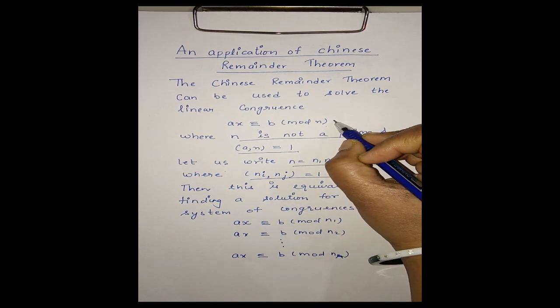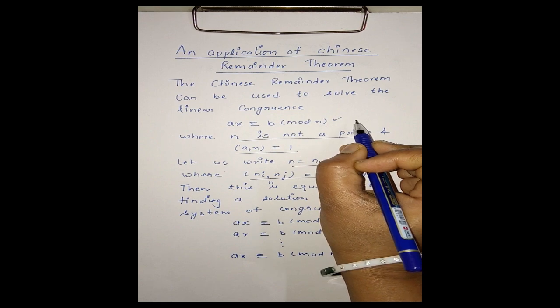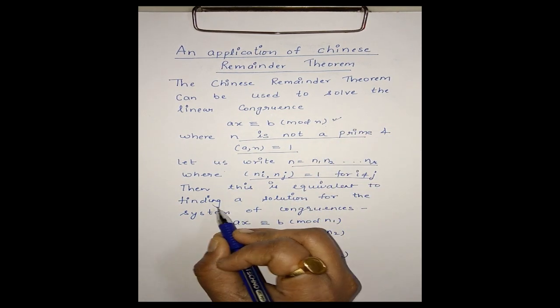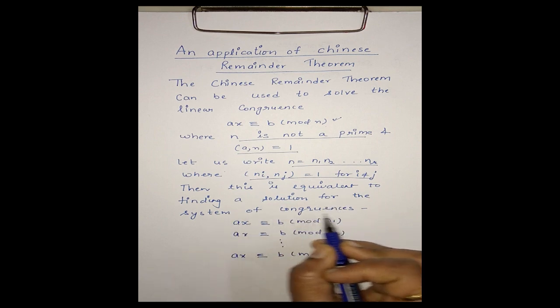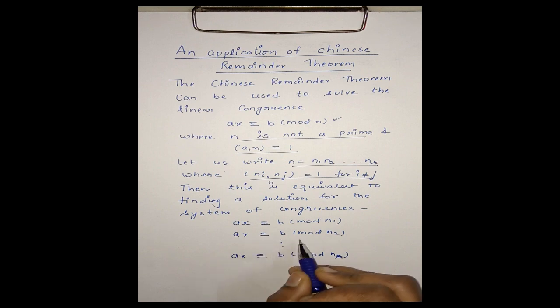Then in that case we are going to solve this linear congruence. We are going to discuss a method to solve this type of linear congruence. Then this linear congruence is equivalent to finding a solution for the system of congruences Ax is congruent to B modulo n1, Ax is congruent to B modulo n2, up to Ax is congruent to B modulo nr.